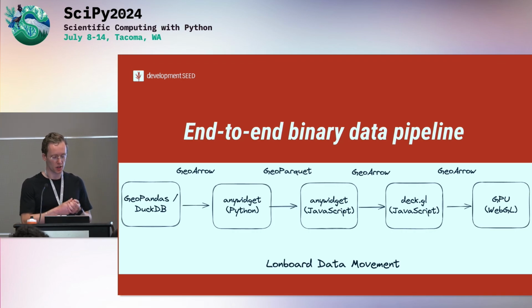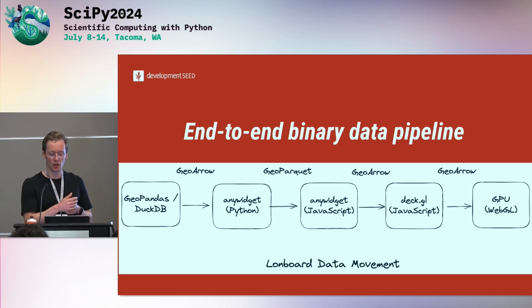So taking some input format, like a GeoPandas GeoDataFrame or DuckDB, we can convert that under the hood in the Lonboard library to GeoArrow. GeoArrow then passes that to this AnyWidget library that Trevor Manz is developing and had a talk about yesterday. That simplifies the process of getting data from Python into JavaScript.